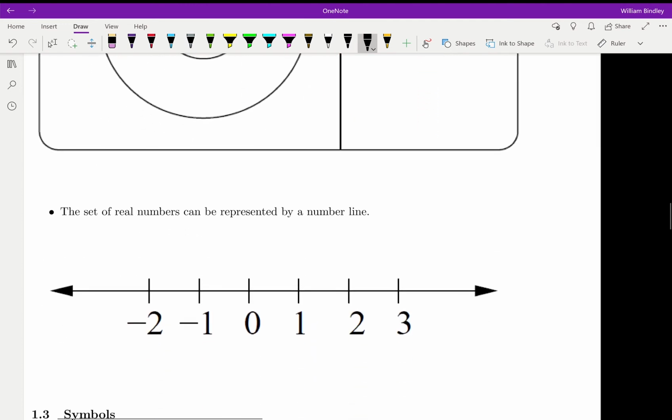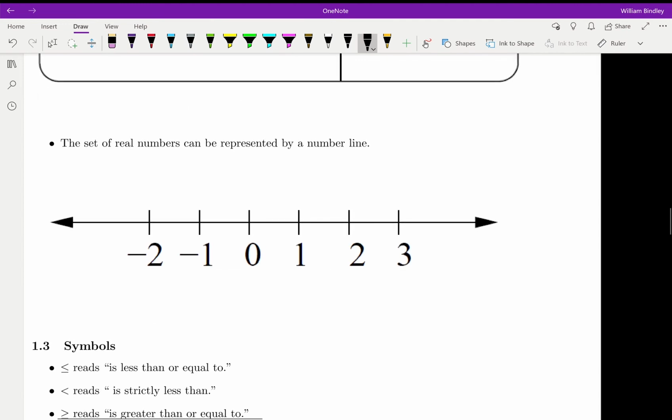Okay, so moving on, the set of real numbers can be represented by a number line. And even though on this number line we have only written integers, it's assumed that all of the real numbers are there filling in the gaps. So it's assumed that 1/2 is here, and, you know, pi is here somewhere.